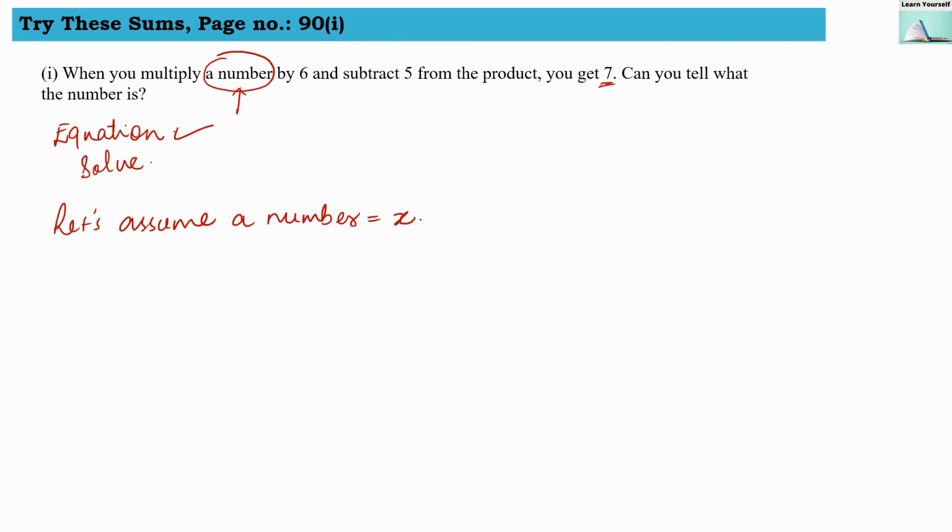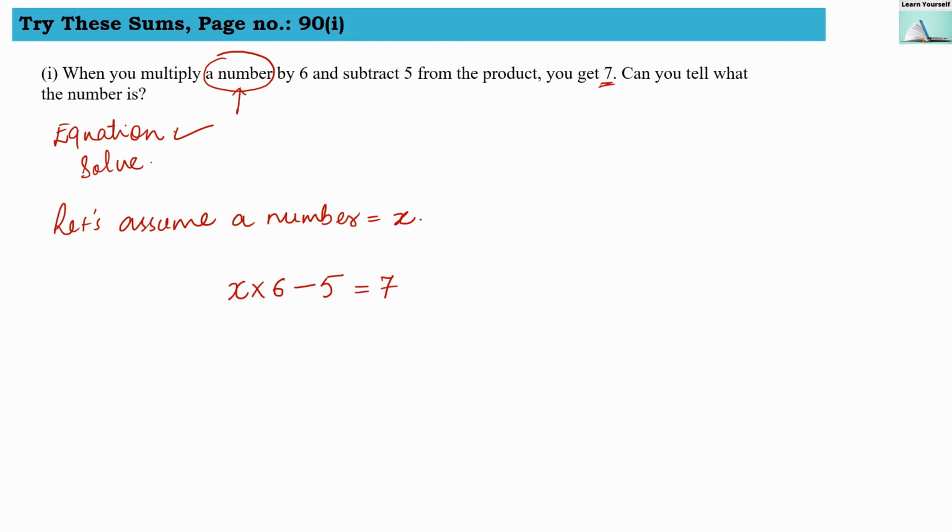So we have to multiply a number, so this x is my number. Now we have to multiply this x with 6. So I am going to write here x multiplied by 6 and subtract 5 from the product. So whatever we get, we have to subtract from that. So 5 we have subtracted from this. You get 7. That means equals 7.